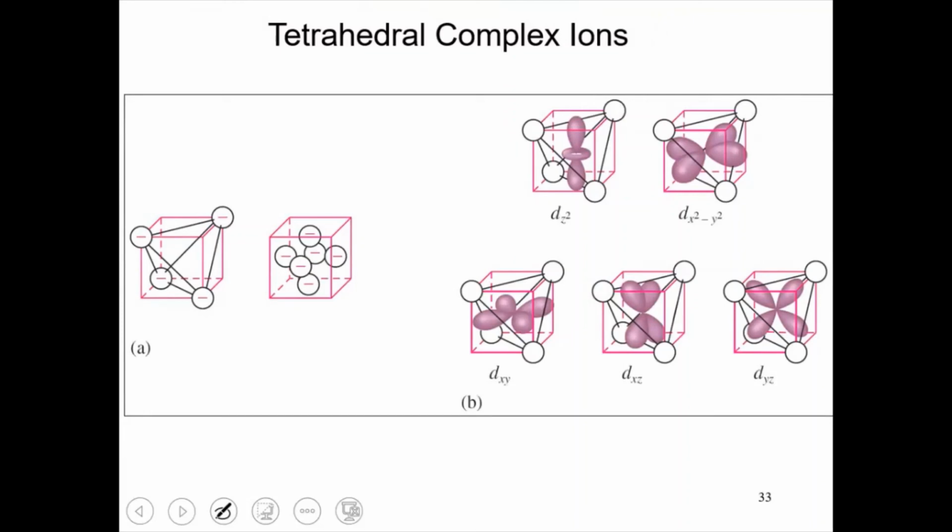Remember, the donor atoms are coming in, trying to place themselves at positions here. But notice that although none of the d orbitals are directly in the way of those 4 positions in the tetrahedral shape, the dxy, dxz, and dyz actually are a little bit closer to those positions.